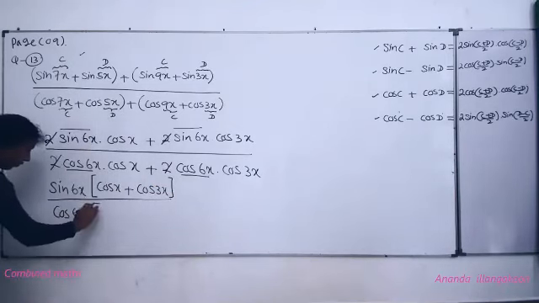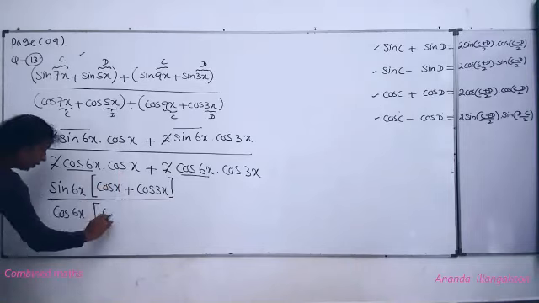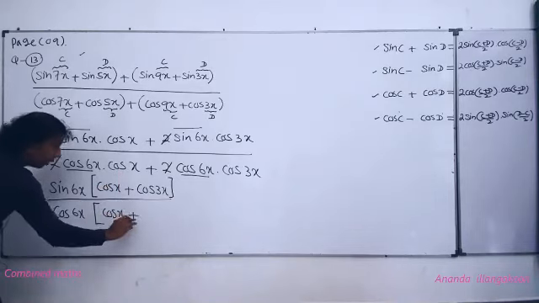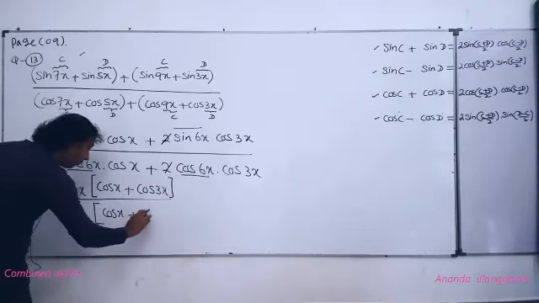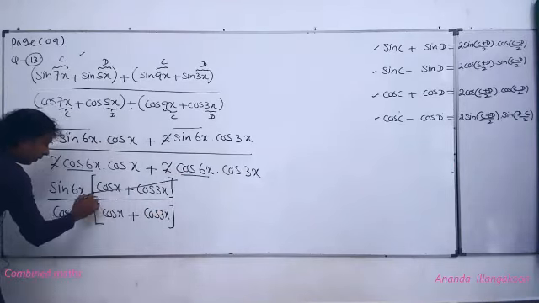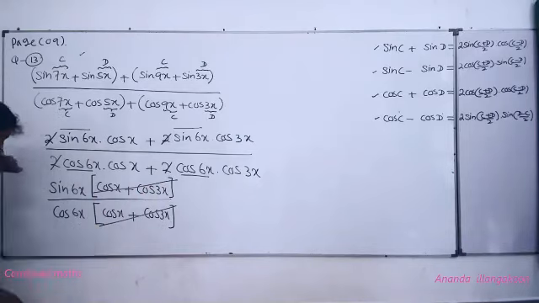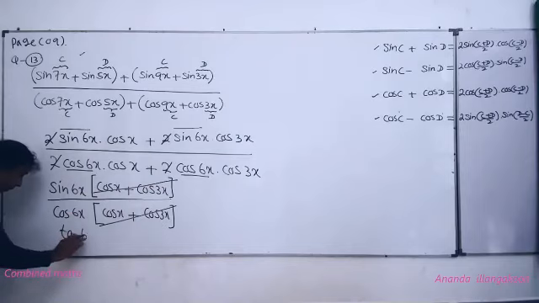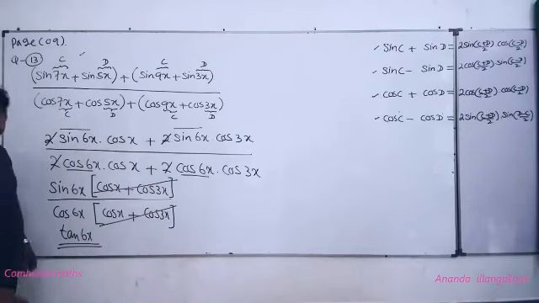Take that cos 6x out. Then this is cos x plus cos 3x. Cancel down this and this. Then you get, people, sin 6x divided by cos 6x, that is tan 6x. That's how we do it.